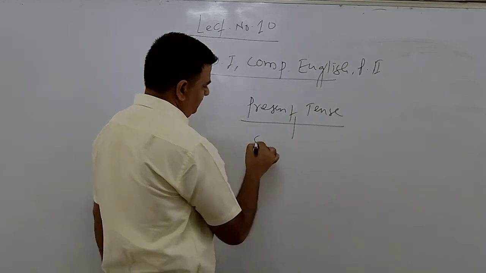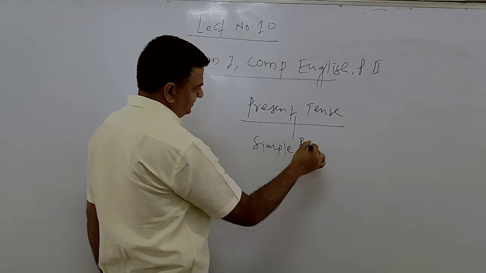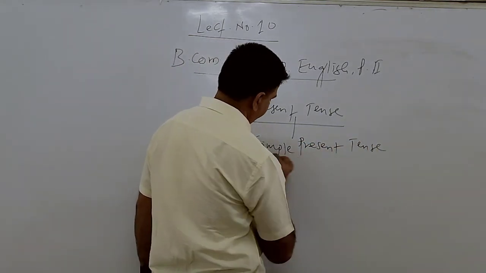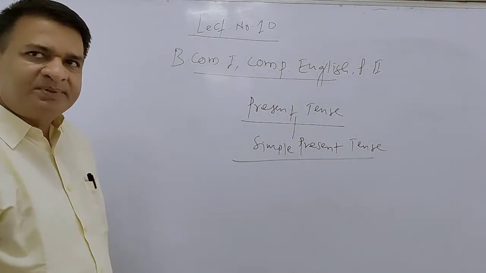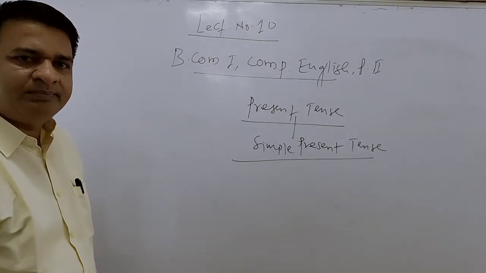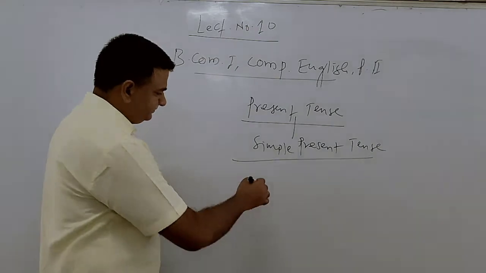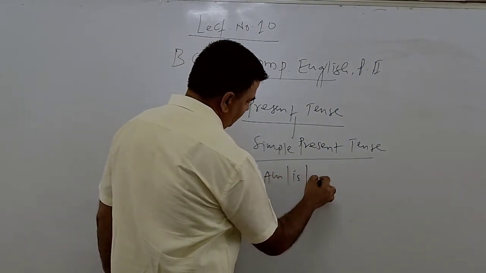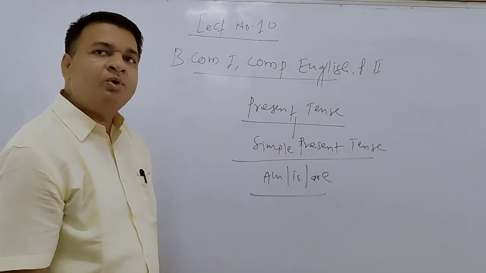Present tense, and in present we have simple present tense. In simple present tense we use the basic form of the verb by adding s or es. For example, I told you am, is, are we use to give simple information about something.